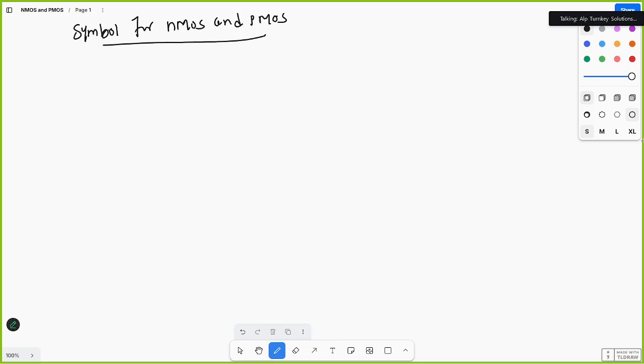So what is the symbol for NMOS? The symbol will be like this.